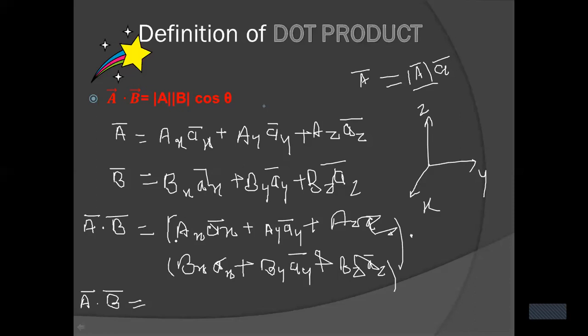So first you have to take this first part, then multiply to this whole bracket. Multiply to the whole bracket. So here you simply remember, I'm drawing one line.